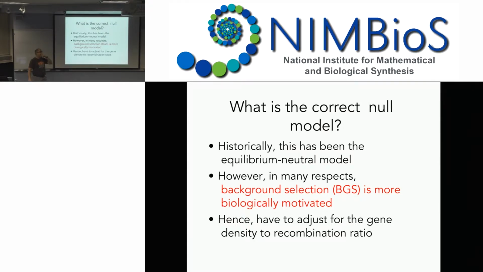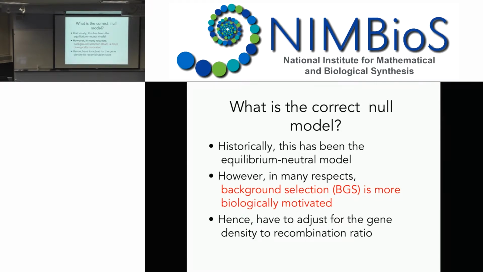Background selection gives you a different structure than the neutral model. So an equilibrium background selection model is different from the equilibrium neutral model. So in particular, if I'm doing, let's say, an empirical site frequency spectrum, I've got my gene over here. I'm trying to ask if its site frequency spectrum is unusual relative to a sample of other site frequency spectra from the population.